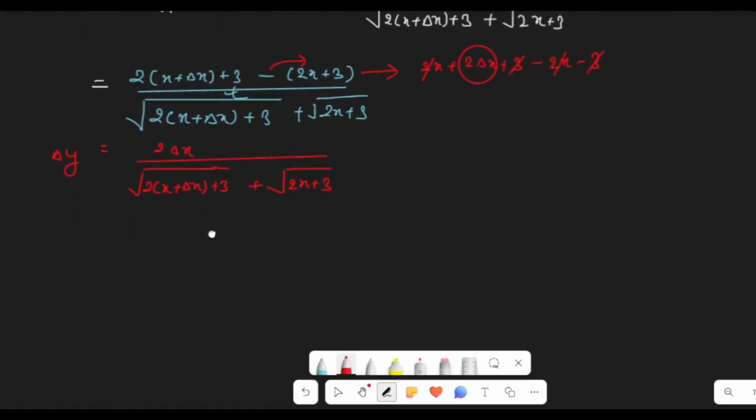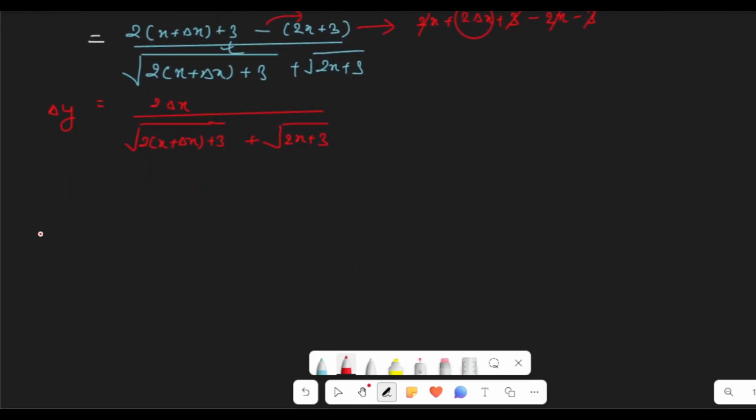Now we simply put this in the definition of derivative. From first principle, we know dy by dx is equal to limit del x approaches 0 of del y by del x.